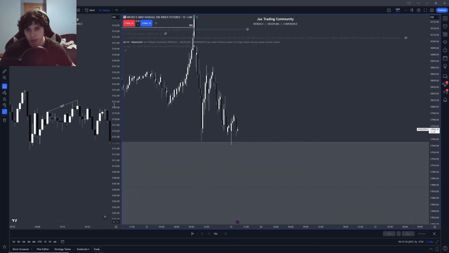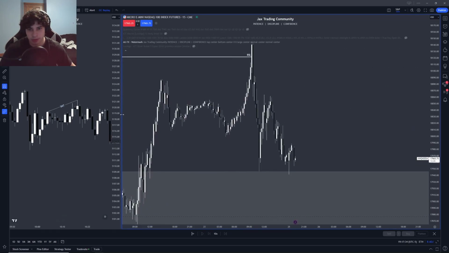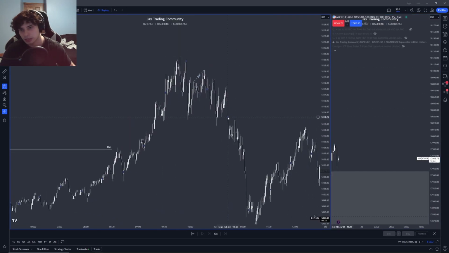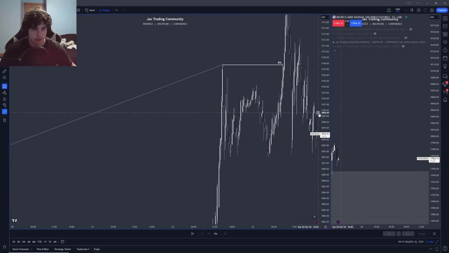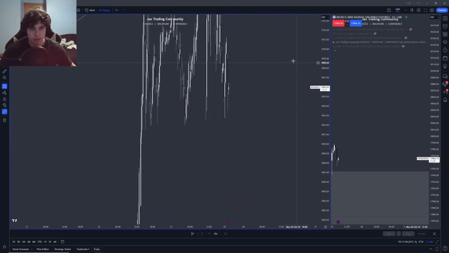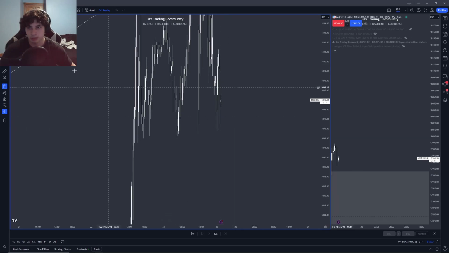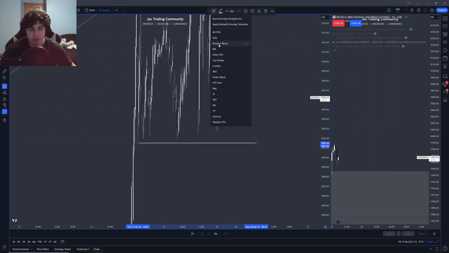But here's the really good thing, and why I think we're going to be bearish. On the 15-minute on ES, look at this. Look at all of this resting liquidity right here. This is the definition of engineered liquidity that we want to see get taken out.